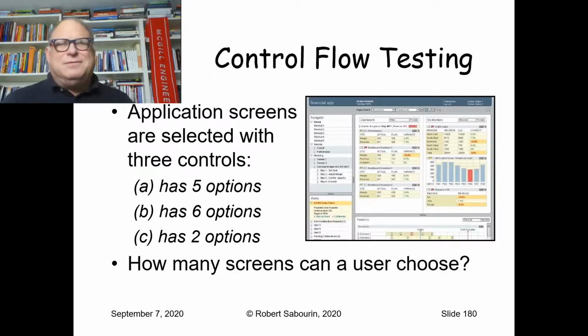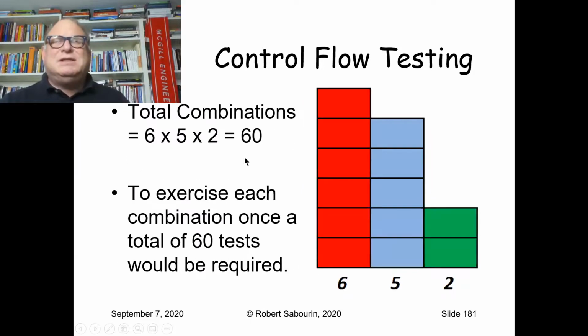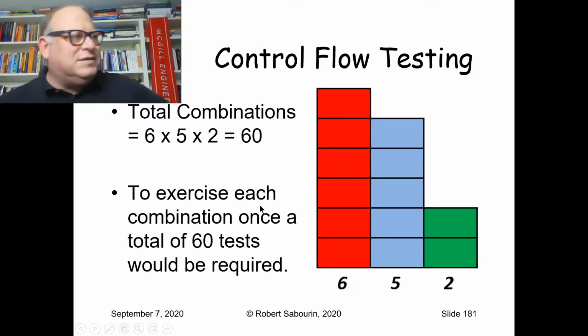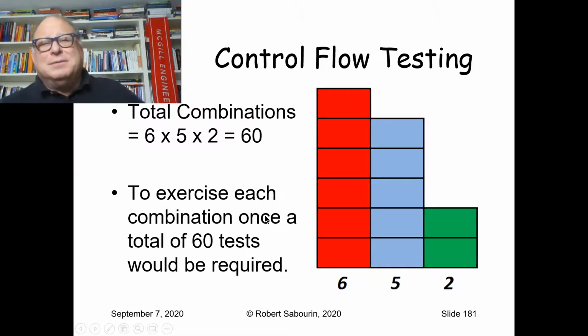For A, there were 5 choices, for B, there were 6 choices, for C, there were 2 choices. Each combination of A, B, C went to a different page. So there's 5 times 6 times 2, that made 60 choices. The customer had very thoroughly tested all 60 functional areas of the system, all 60 pages, but they were still running into tons and tons of problems.